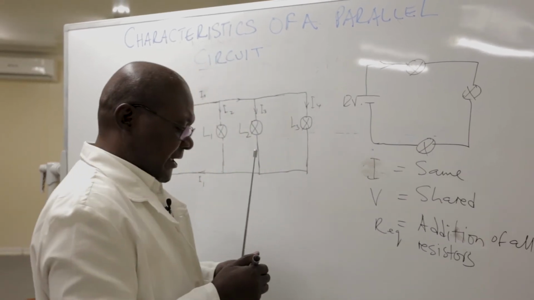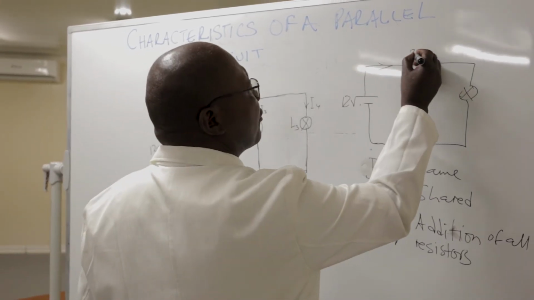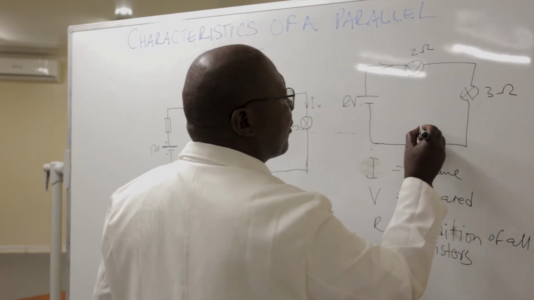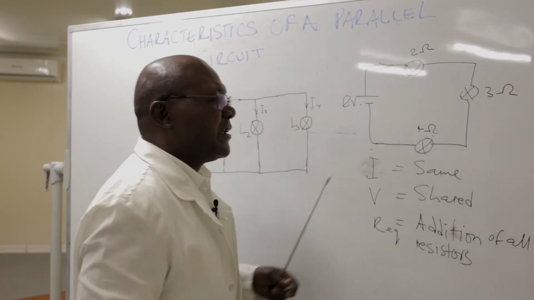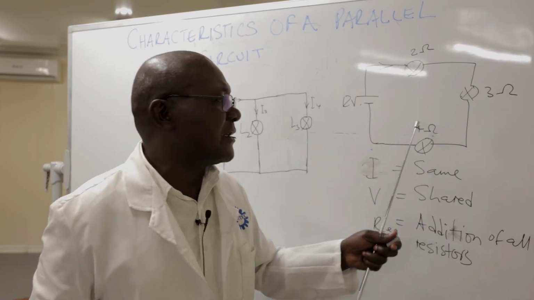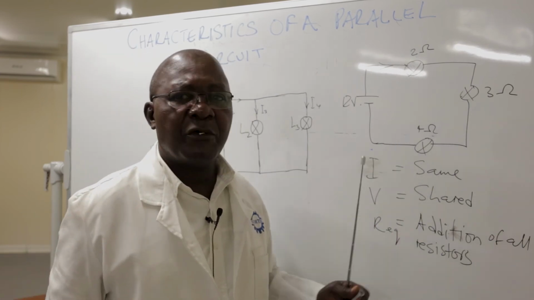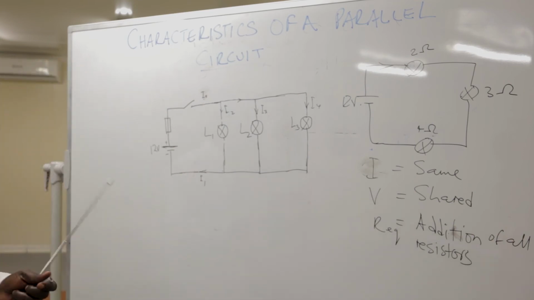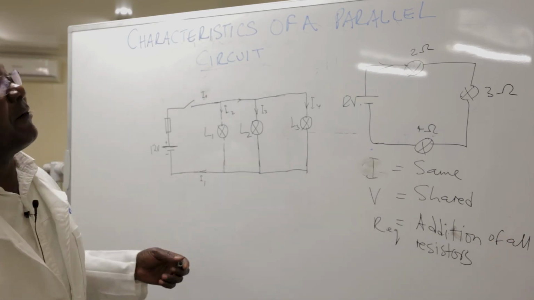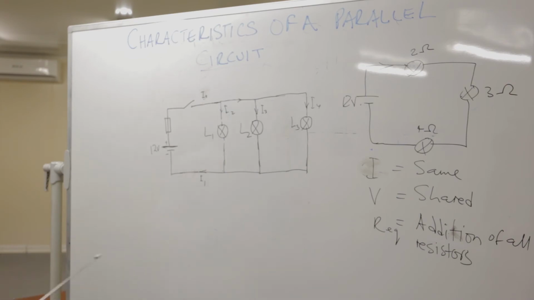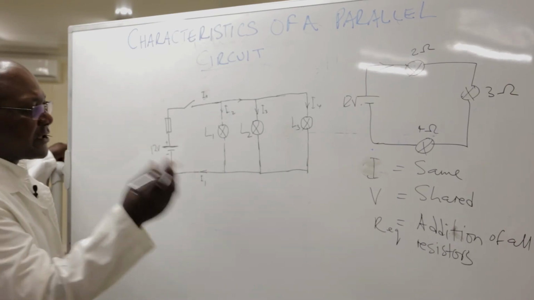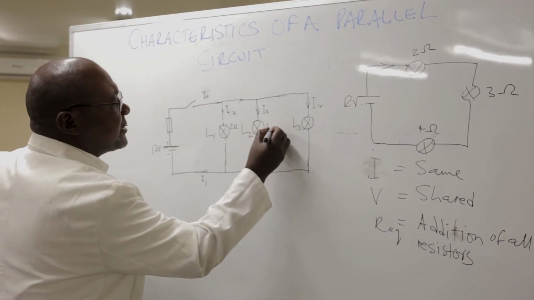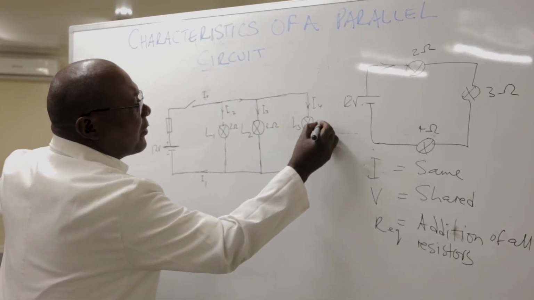So if this had a resistance of 2 ohms, that has 3 ohms, and this has 4 ohms, the total resistance in the series circuit will be 2 plus 3 plus 4, which will make 9. Are we together? It's just additive, so that's what we use when we come to Ohm's law. But in the parallel circuit, we are still maintaining that this is 2 ohms, this is 3 ohms, and this is 4 ohms.